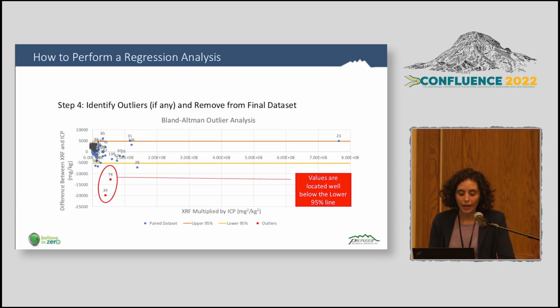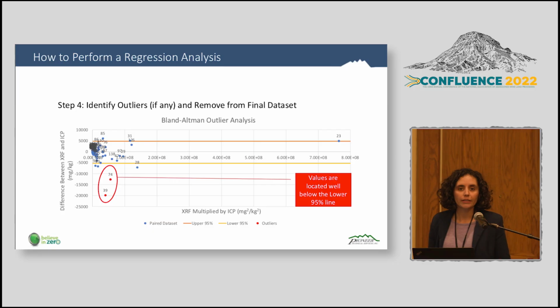And then you've got bands for the upper 95% and lower 95%. If you have any points that fall quite a ways above or quite a ways below those 95% bands, you can usually take those out and identify them as outliers and remove them before you conduct your final regression analysis.